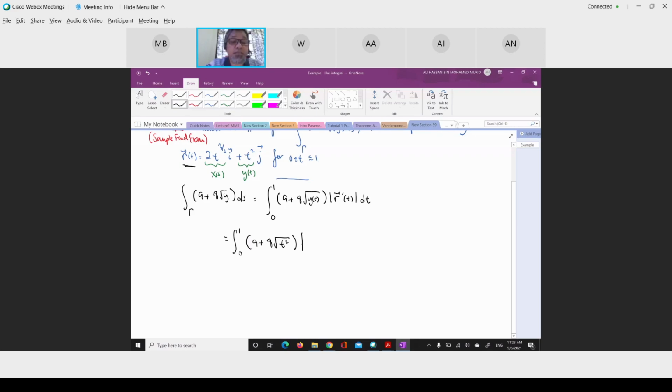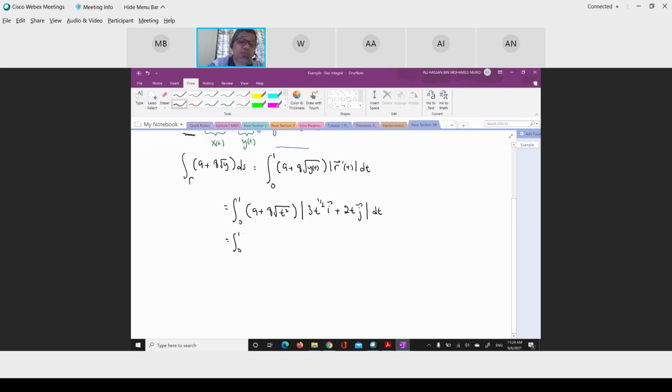The result is 3t to the power of 1 half i plus 2t j. And what is the modulus of that vector? It is the square root of the sum of the squares of the components: 3t to the power of half squared plus 2t squared, dt.